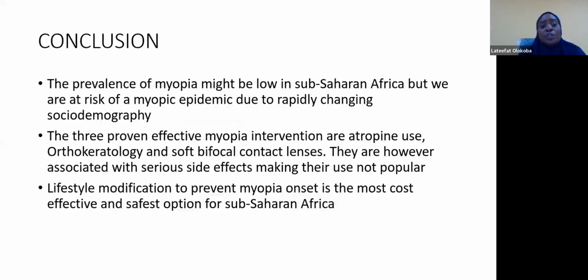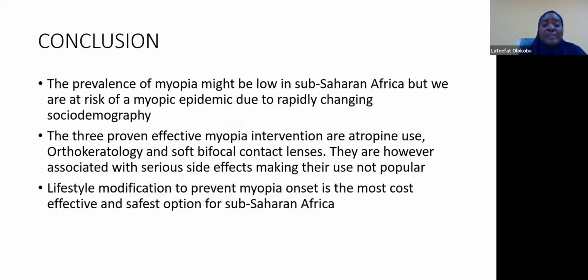So in conclusion, the prevalence of myopia might be low in sub-Saharan Africa, but we are also at risk of the myopia epidemic, just like what is being experienced in Asia now, because of our rapidly changing social demography, increased urbanization, and increased network in our children.